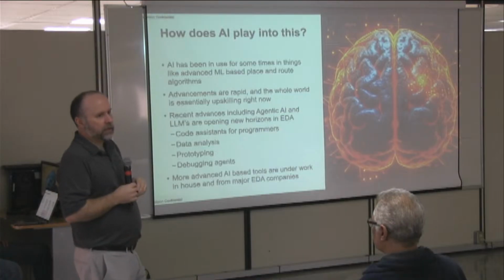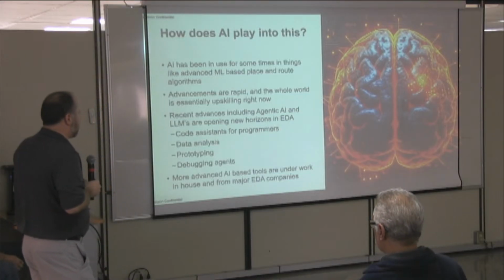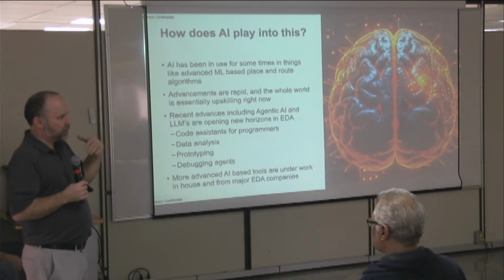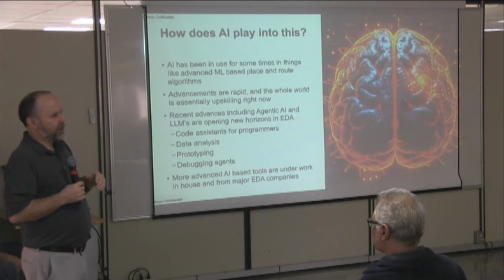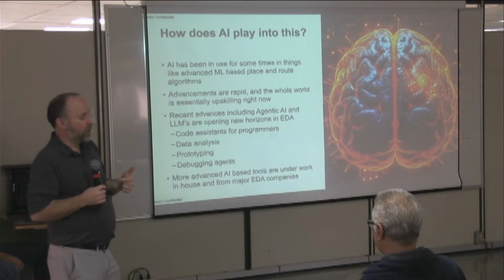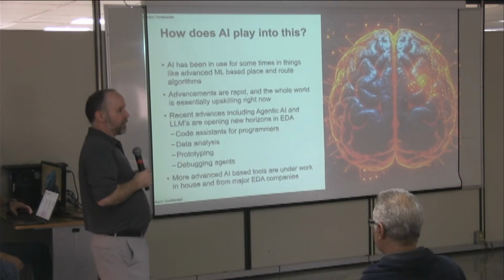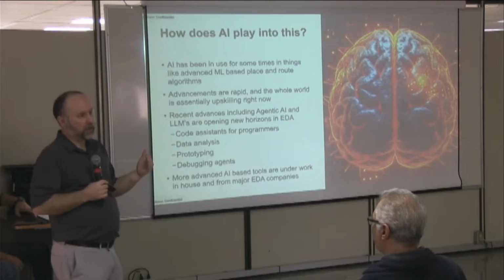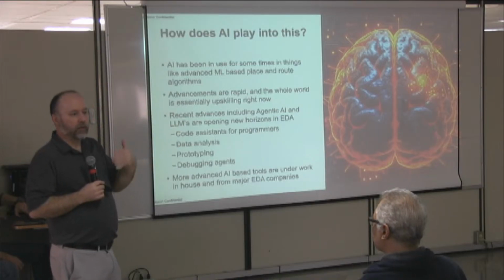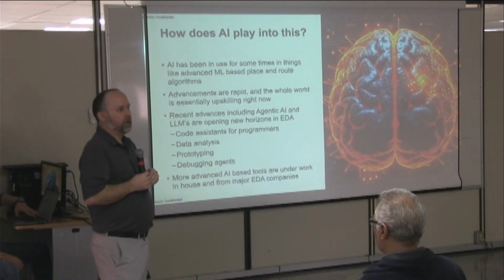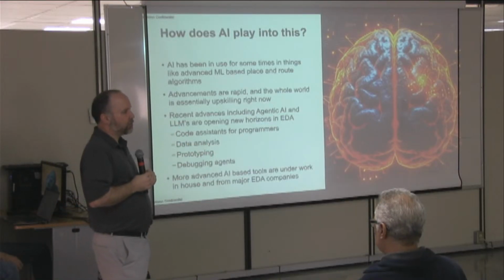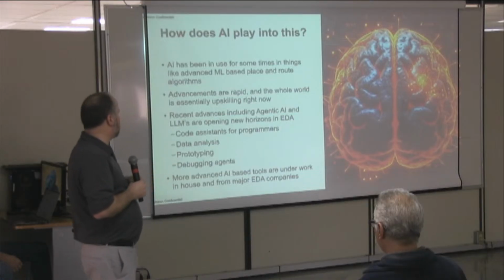We're seeing really big advantages in data analysis and debugging. We have built agentic tools that help you debug LVS and that help you debug DRC, and that can take somebody who might be relatively new to design or layout and allow them to more quickly understand what the tools are telling them and get their chips clean.